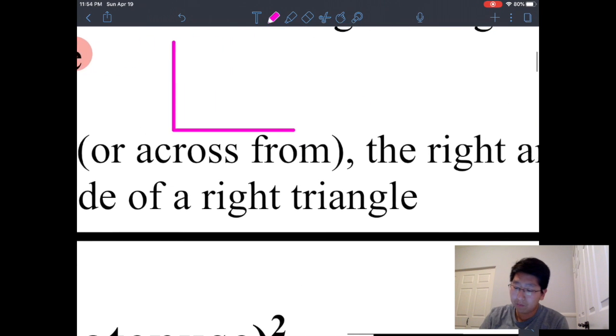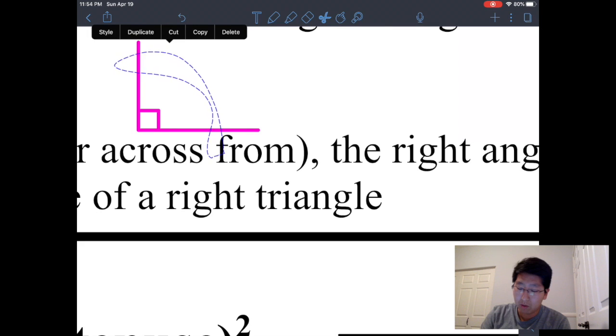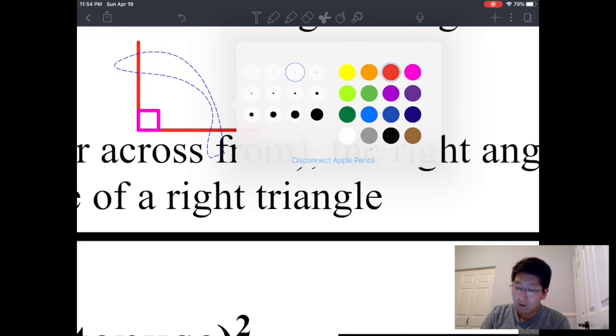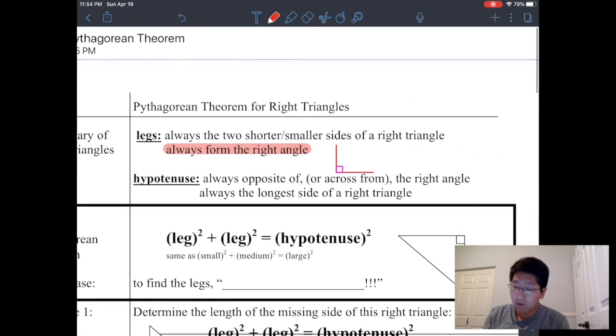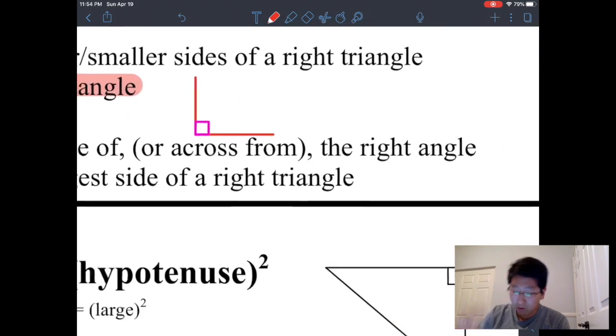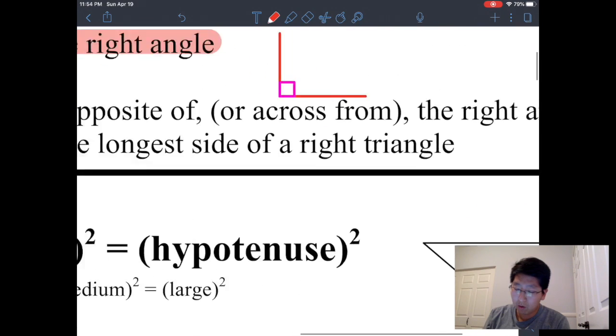That was a failure. Let me zoom in really quick and draw a little square, because a square tells us that we have a right triangle. Okay, and I'm just going to make this red. So a right triangle, it's always going to be the 2 shorter sides, and they always form the right angle.